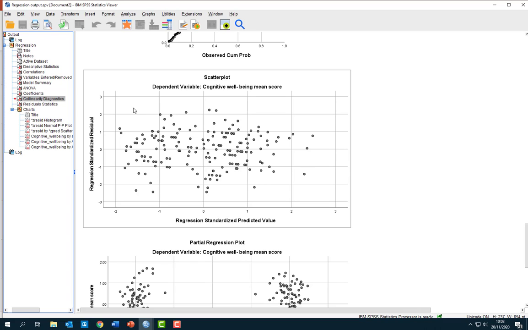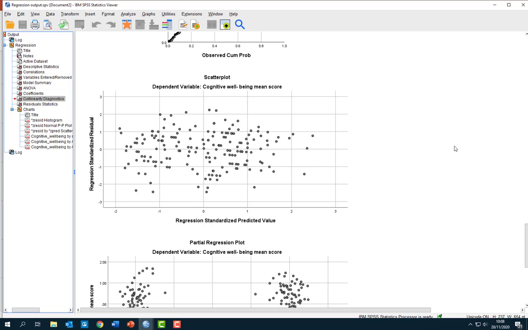And the reason that this is traditionally used is because it allows you to test normality, linearity, and homoscedasticity all in one go. So if we have absolutely no problems with our data, then these residuals will be in a kind of rectangular shape across the entire range, and the tails would be symmetrical, and that would suggest that we've met all of those assumptions.